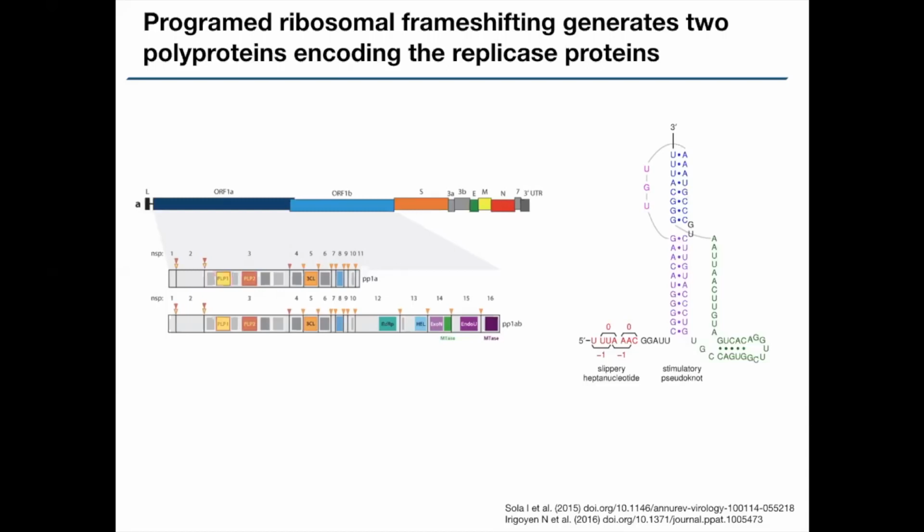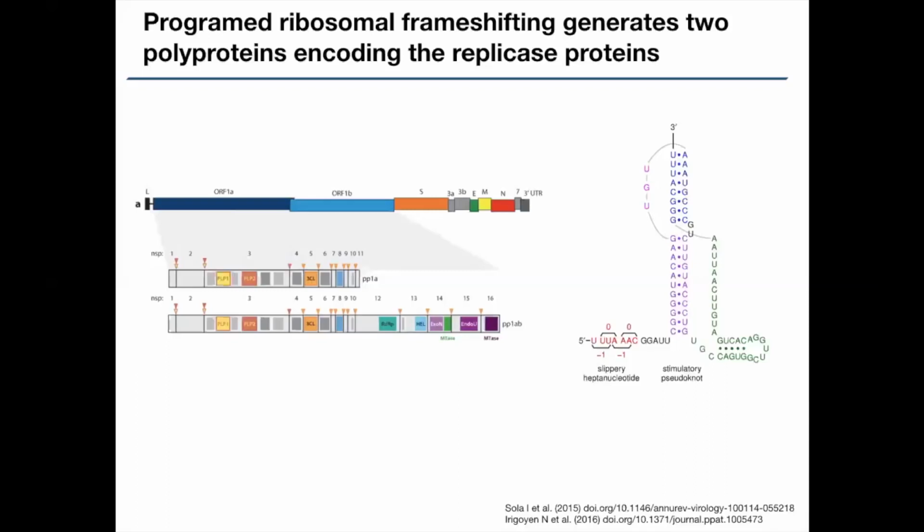And when the ribosome lands on this site, it's known that it tends to have a propensity to occasionally slip back out of frame. Now, the frequency with which that frameshifting event occurs can be increased, and is increased in these coronaviruses because just downstream of that slippery sequence is what's called an RNA pseudoknot structure.